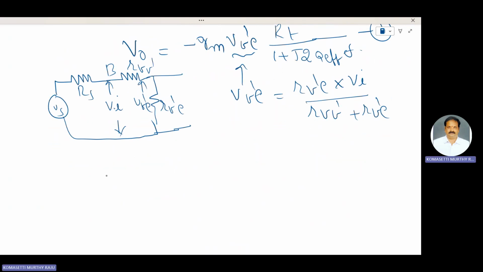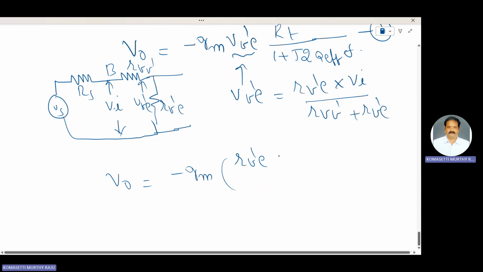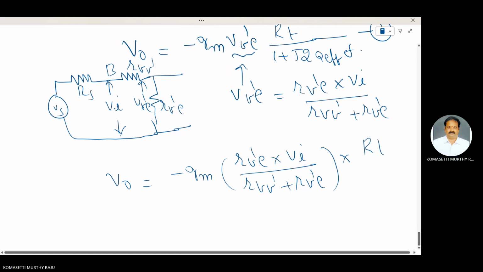Therefore, V naught is equal to minus gm into rb'e into Vi by (rbb' plus rb'e), into this one, RT by 1 plus j 2 Q effective, and this one is δ.